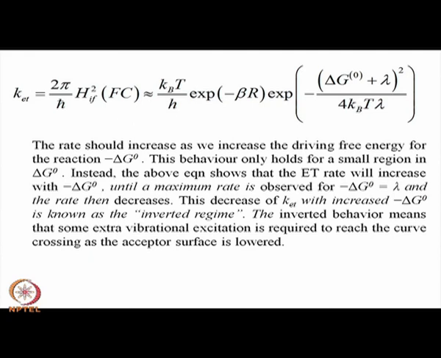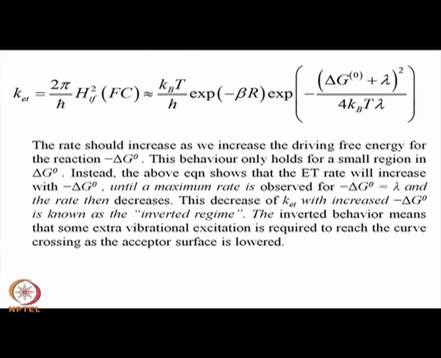It is the controlling factor and is very important. The rate should increase as we increase the driving force, the driving free energy of the reaction, that is minus delta G 0, and this behavior only holds for a small region in delta G 0.